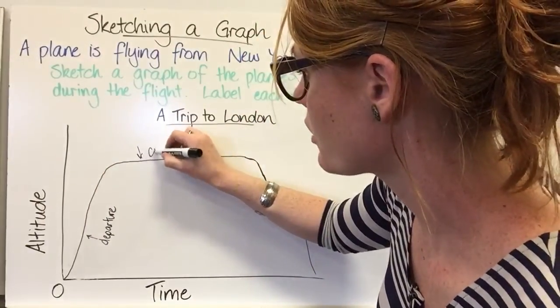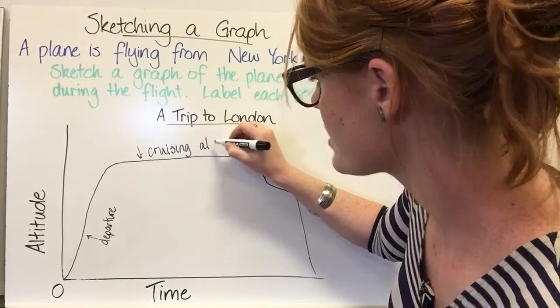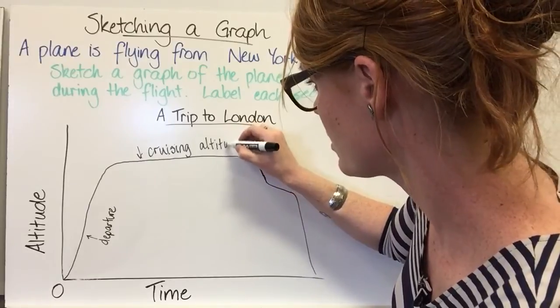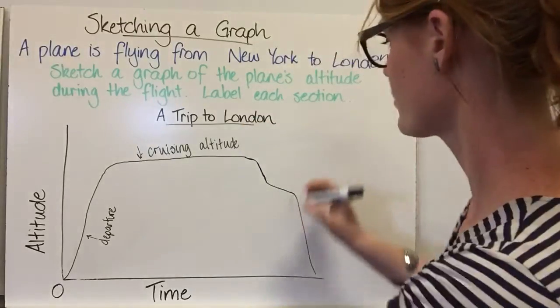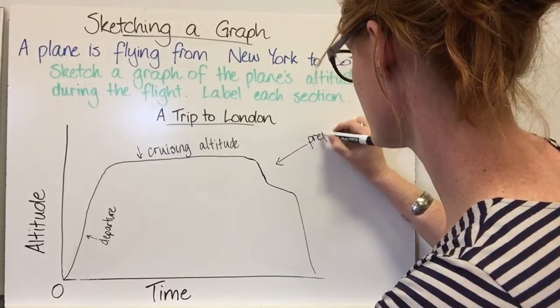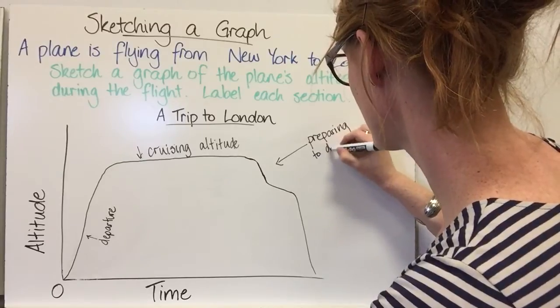So labeling each section, here we would have our departure or our takeoff. Here is our cruising altitude, and that takes up a great amount of the time of the trip. This section we have preparing to land or preparing to descend.